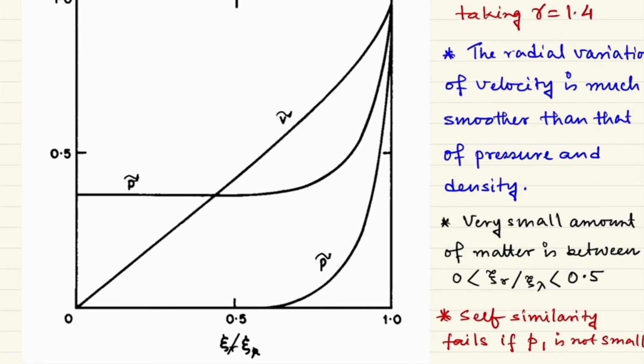Now the first thing one can see is that the radial variation of velocity is much smoother than that of the pressure and density. Okay, so velocity changes gradually, whereas pressure and density don't change up to this point and then suddenly they change very sharply. Not only that, if you notice this attentively, a very small amount of matter is between xi r by xi lambda from 0 to 0.5.